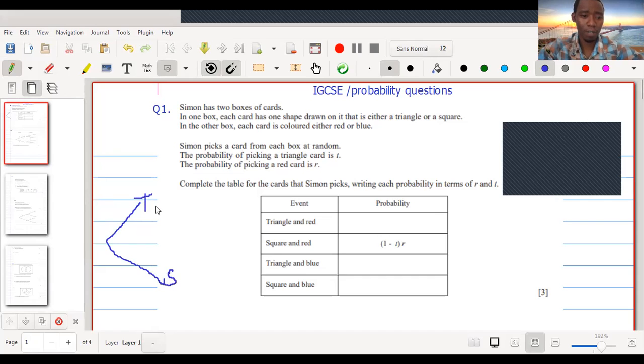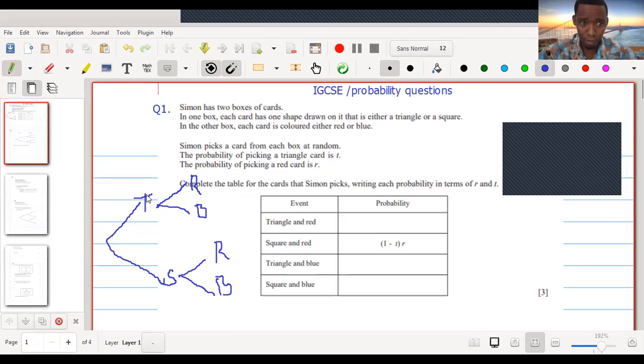And then here, you can also draw, for those squares, they can be red or blue. This can be red or blue. Can also be here red or blue.